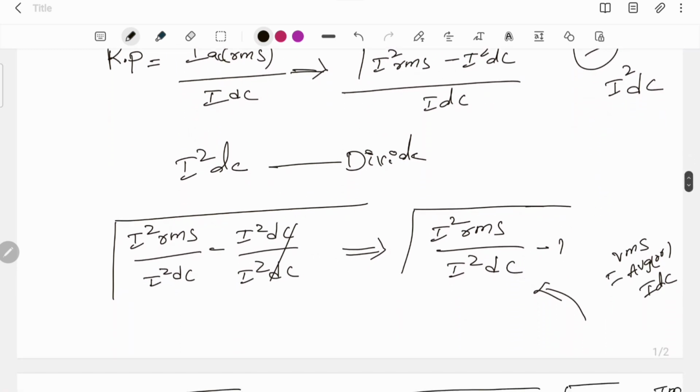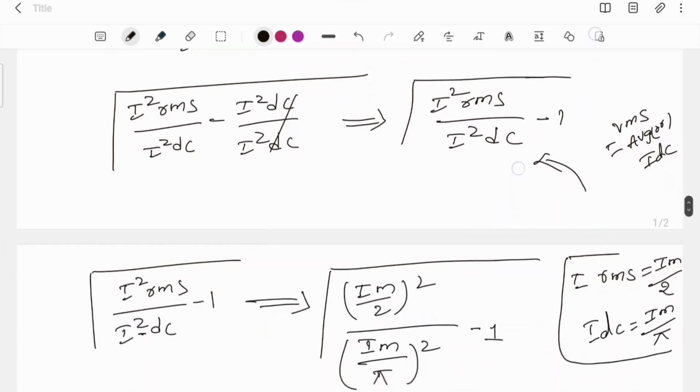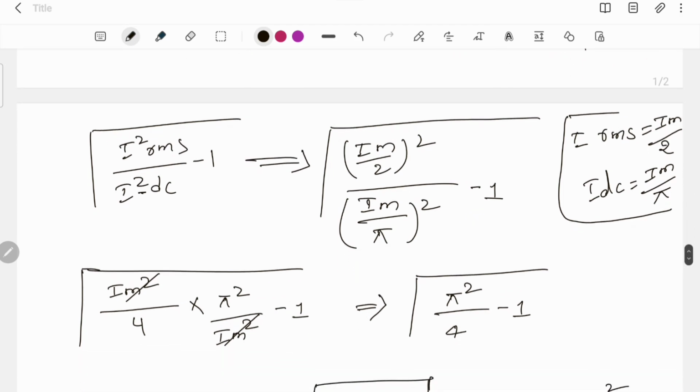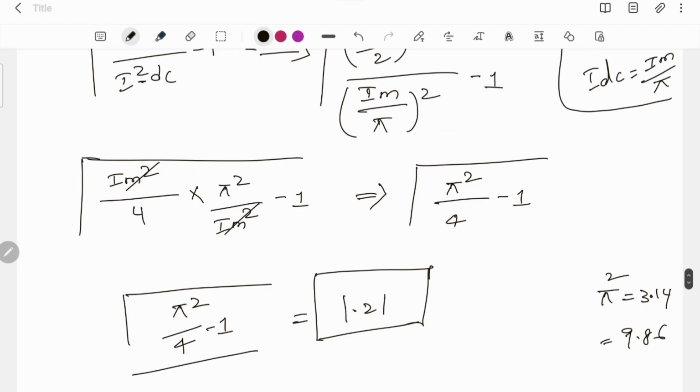As we know the formulas for the I RMS and the I DC, substitute those formulas here. So we get Im by 2 whole square by Im by pi whole square. By substituting all this we get the ripple factor, that is 1.21. So this is the final answer for the ripple factor.